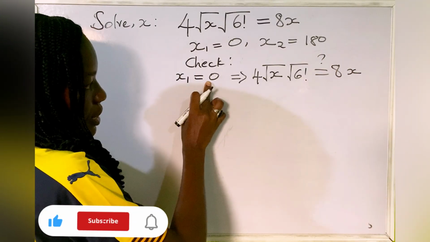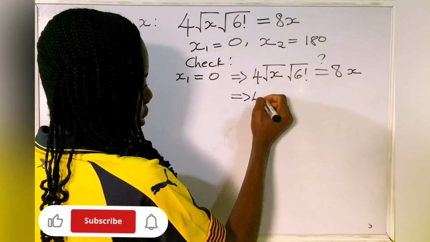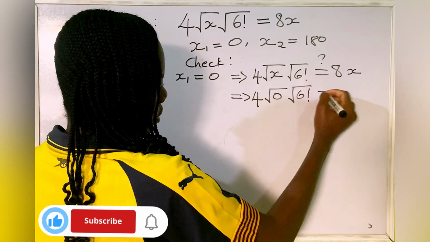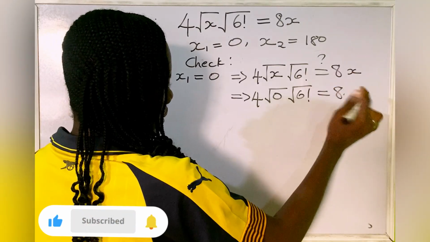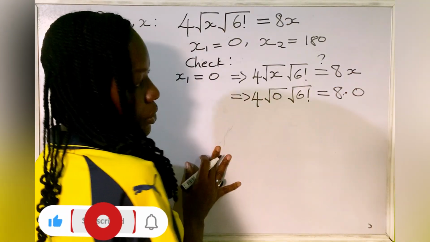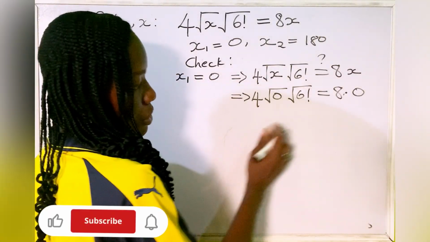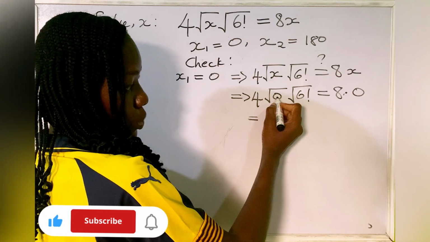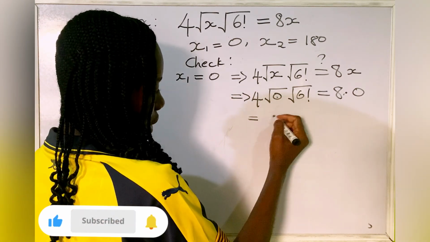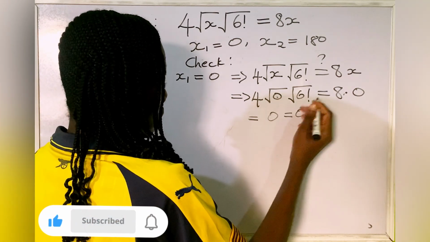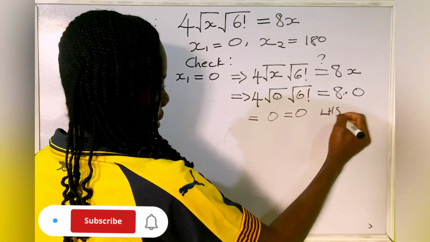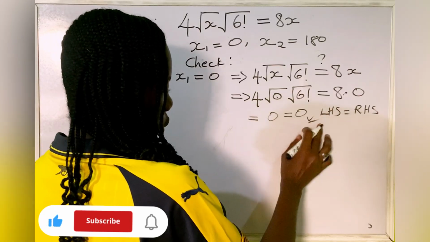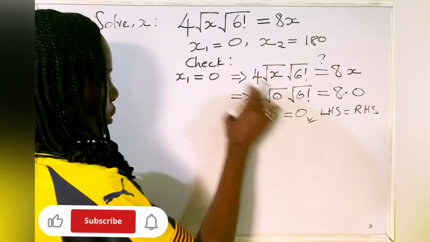And our value for x here is 0. So this gives us 4 root 0 root 6 factorial is equal to 8 multiplied by 0. And we know that anything multiplied by 0 is automatically 0. So 4 multiplied by root 0, which is 0, has been nullified here to make it 0 is equal to 0. So the left hand side is equal to the right hand side. So our x1 is correct as 0.